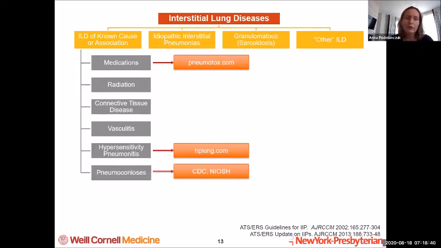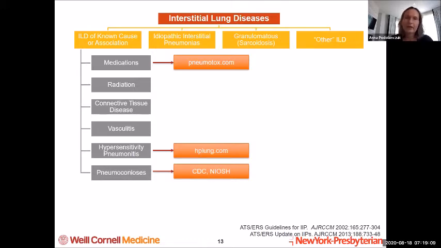And then there are pneumoconioses, which are not so common, but they are high impact. One place to read more about that is on the US CDC website and the NIOSH website. But these are diseases caused by occupational exposure. So one of the most common ones is coal worker's lung or black lung, that's been described in coal miners. Also silicosis, byssinosis.